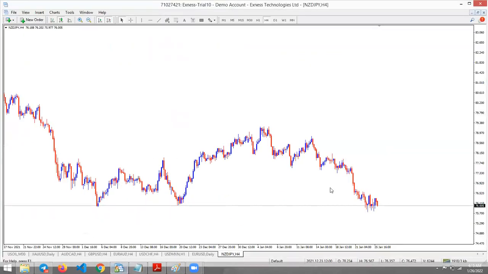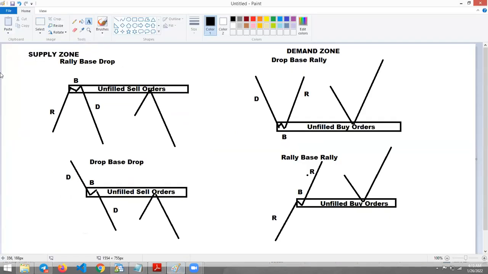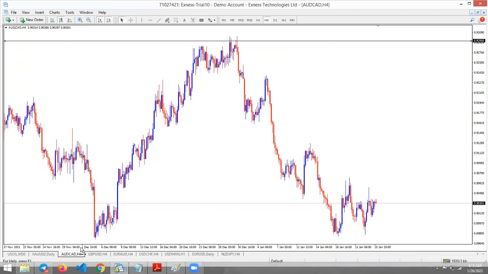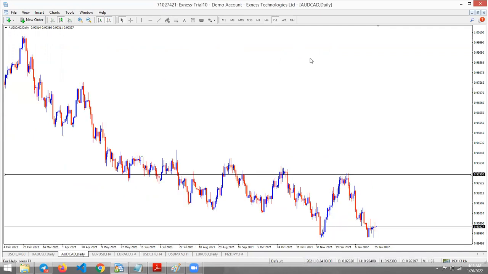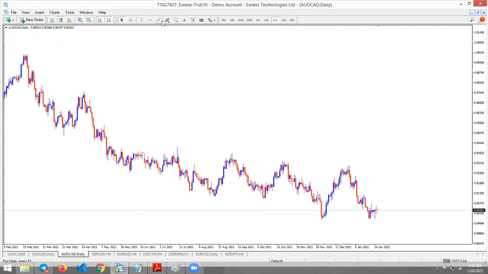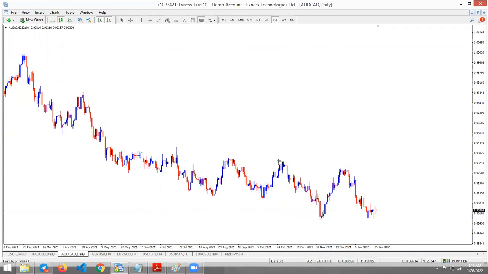Okay, now let me just rush through a few examples. Let me start off with the supply zones. So under supply, we have what we call the rally-base-drop, which is a reversal. Okay, so here, I think you can see something right there.